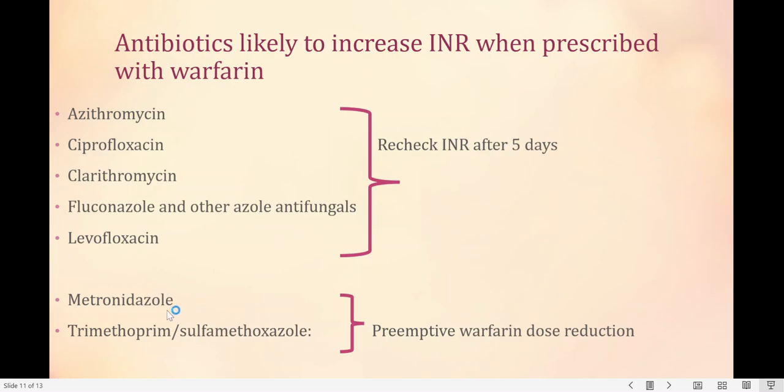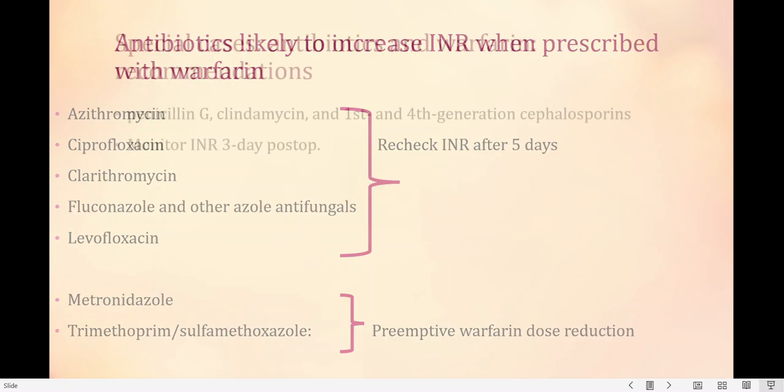Now, in the case of metronidazole and trimethoprim-sulfamethoxazole antibiotics, we should consider preemptive warfarin dose reduction prior to prescribing these antibiotics because of the anticipated effect of increasing the anticoagulation.